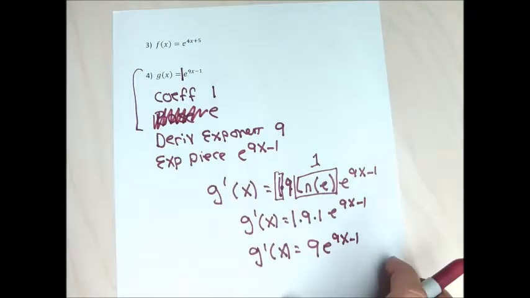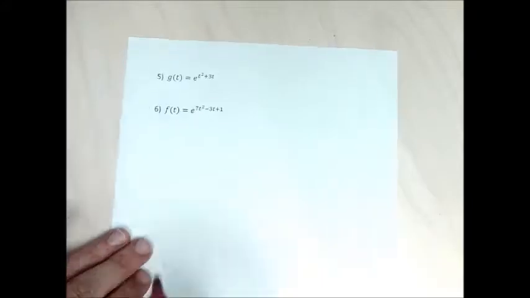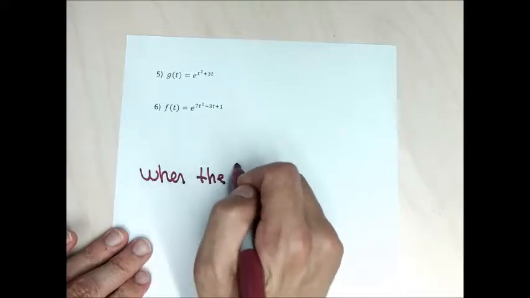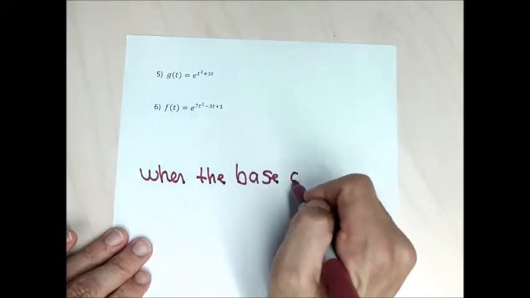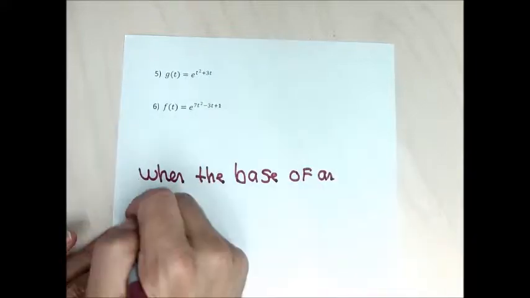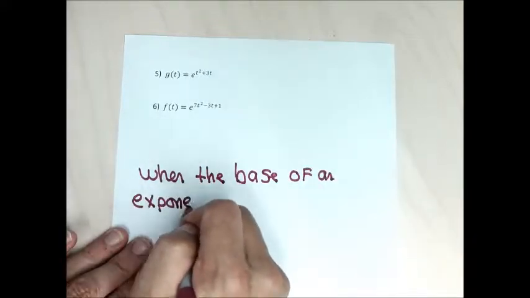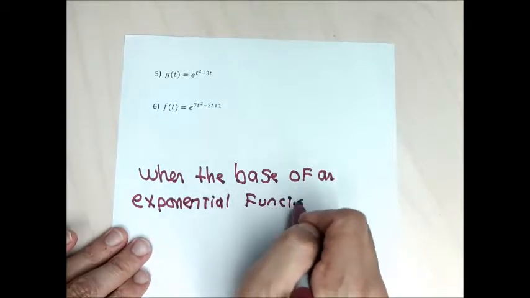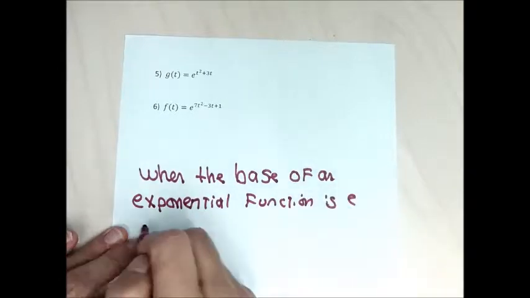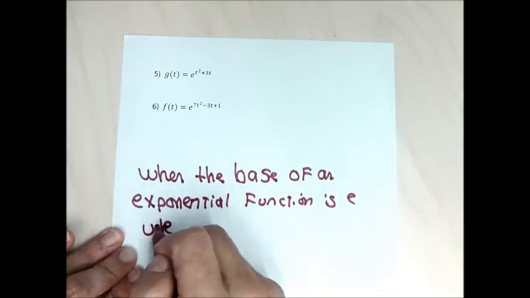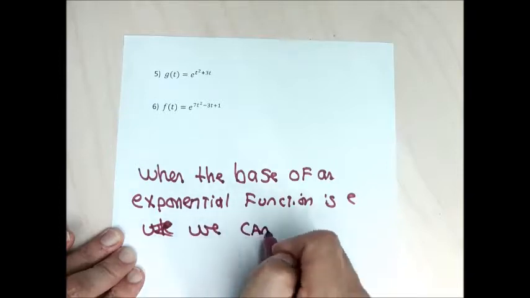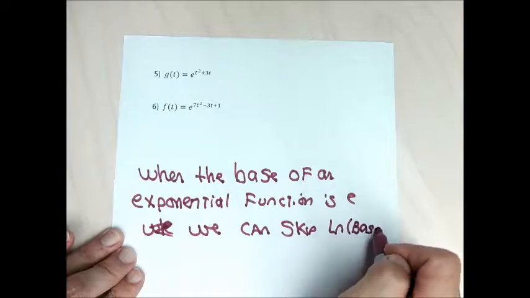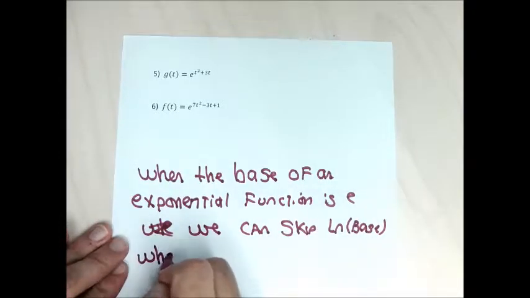So the shortcut for e: when the base of an exponential function is e, we can skip the ln of the base when writing the derivative because it equals 1.